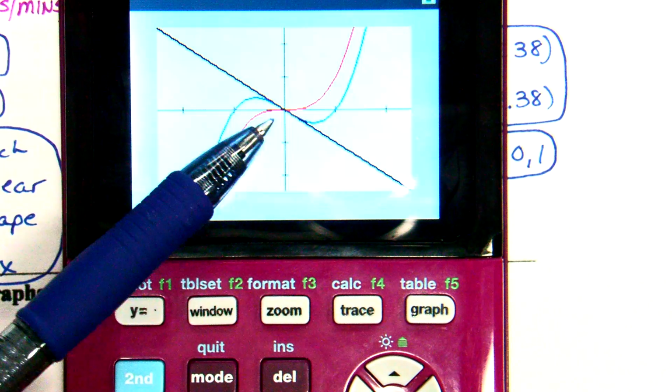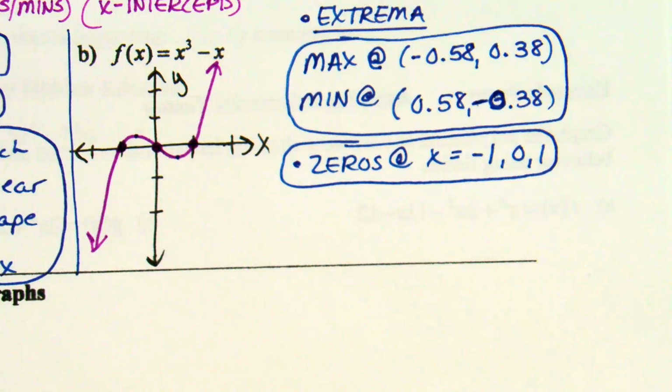Okay, so write your explanation down. And again, I'm going to start by saying the shape is much like y equals x cubed.